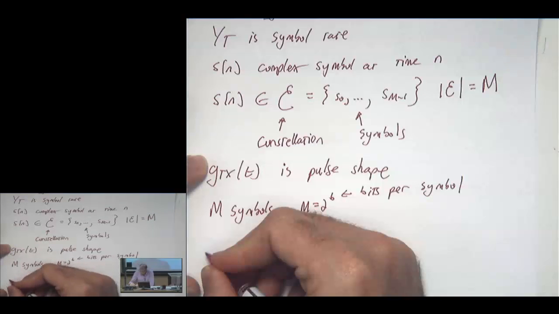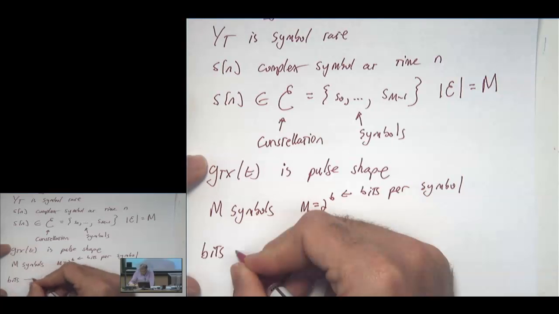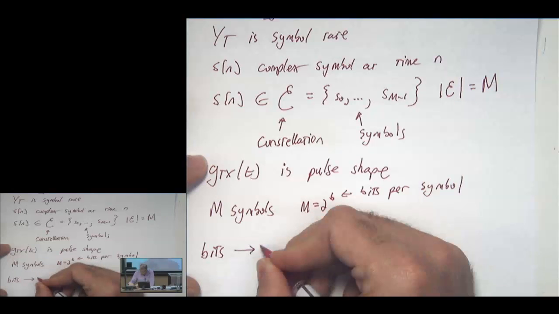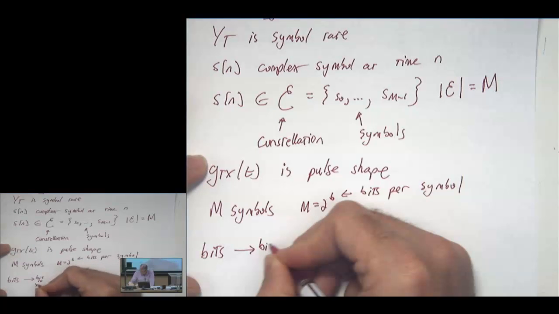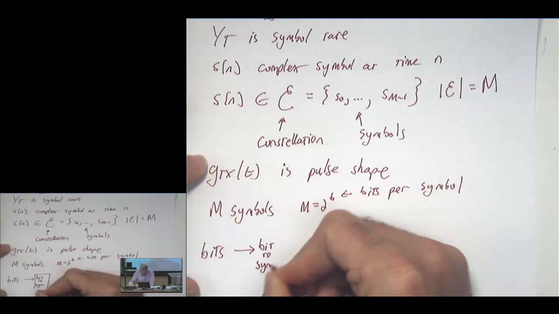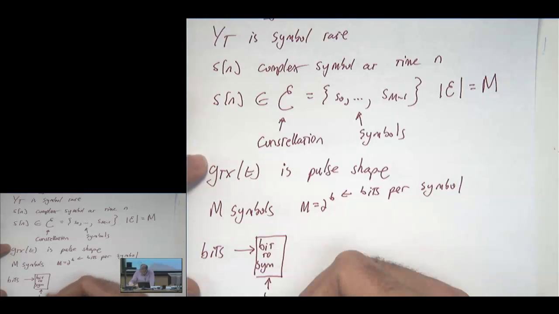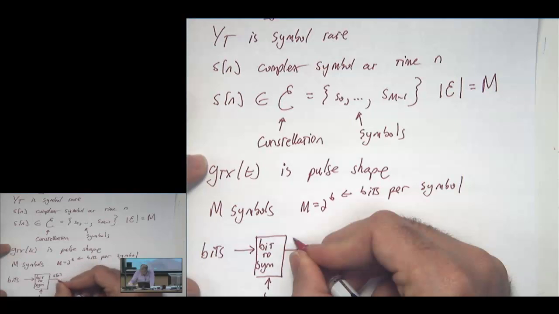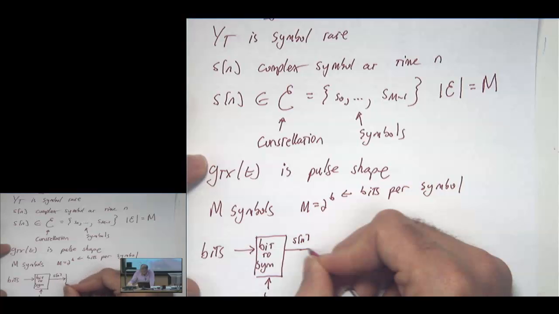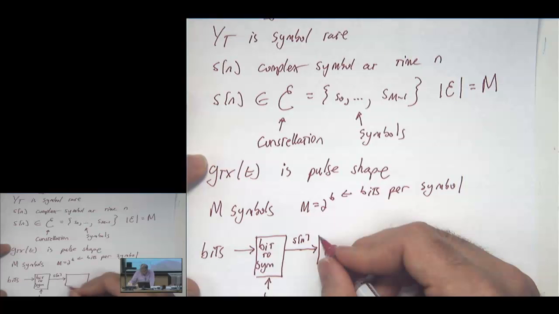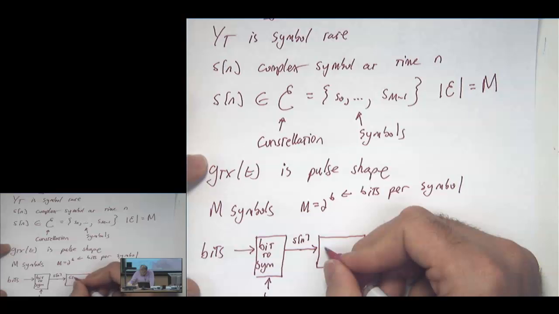And the way that we draw this out is we're going to have bits going into a bit-to-symbol mapping, which takes as input the constellation C and outputs s[n] here. And then there's going to be a box that I won't explain today, but I'll explain next Monday, which is create pulse train.